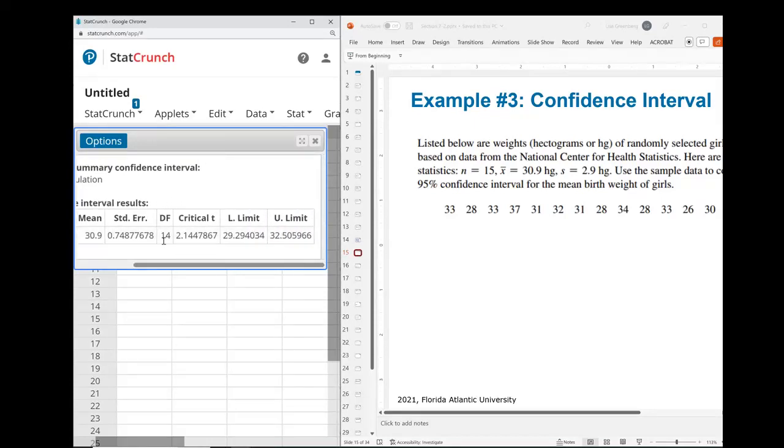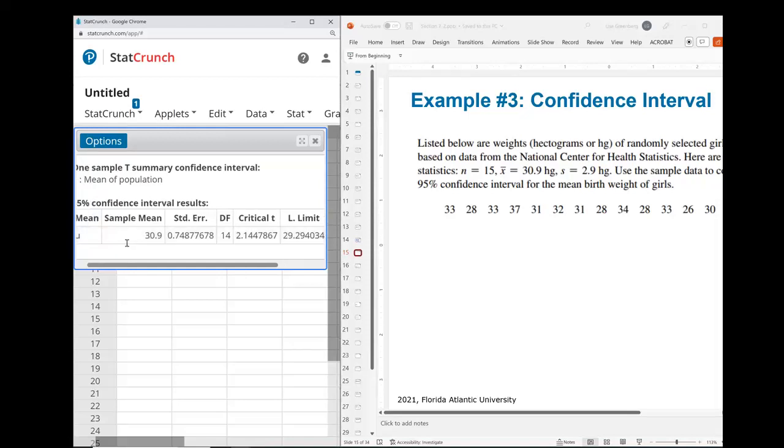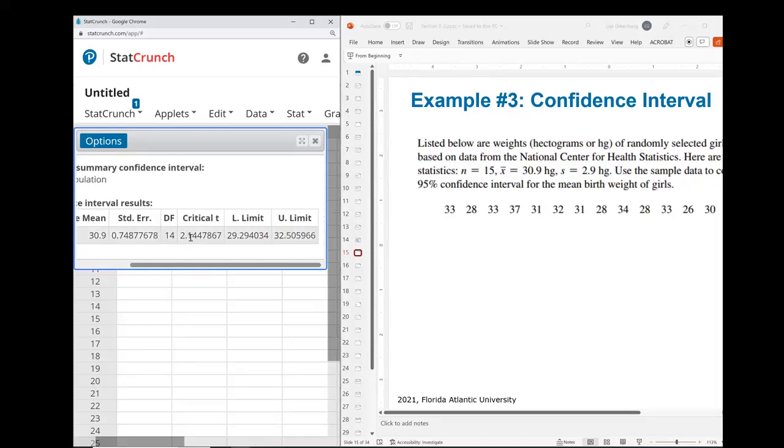So it's telling me a lot, right? There's my sample mean, my standard error, my degrees of freedom. There's my critical value that we already found for a sample size of 15, right? And the 95% confidence interval. And we have summary data, so we're going to use the same amount of decimals as the sample mean.